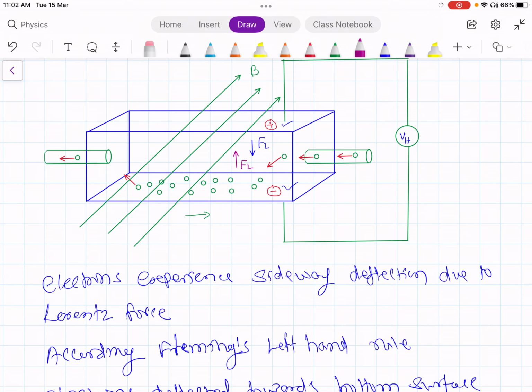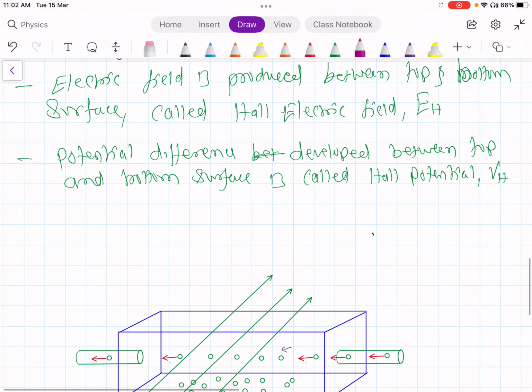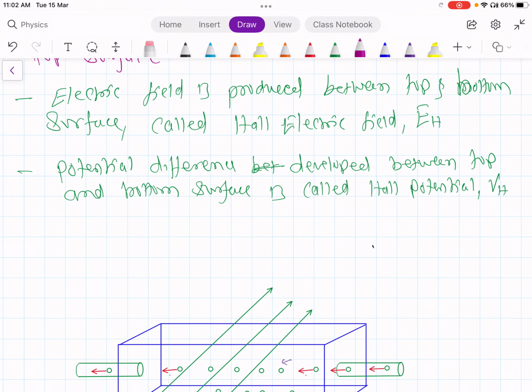See, when magnetic field is applied, due to Lorentz force electrons are deflected towards the bottom surface. Then electric field is developed between the top and bottom surface. This electric field opposes the flow of electrons towards the bottom surface. Let me write that.